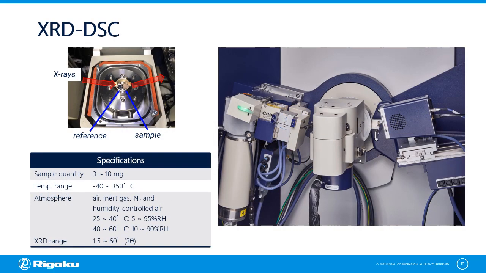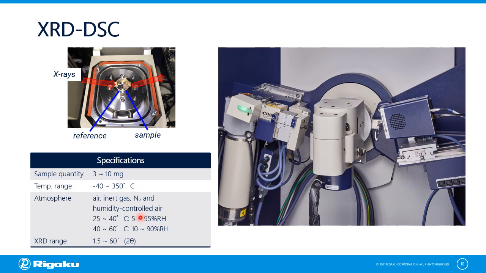This shows a bit more detail about the DSC option. It has two sample holders inside the chamber for the reference and your sample. We normally use aluminum or corundum as a reference sample. Your sample quantity will be between 3 and 10 mg in weight. Temperature supported is between -40 and plus 350 degrees Celsius, and the atmosphere could be air, inert gas, nitrogen, or humidity-controlled air.